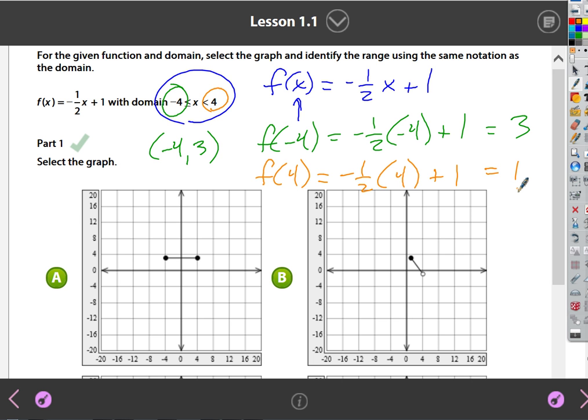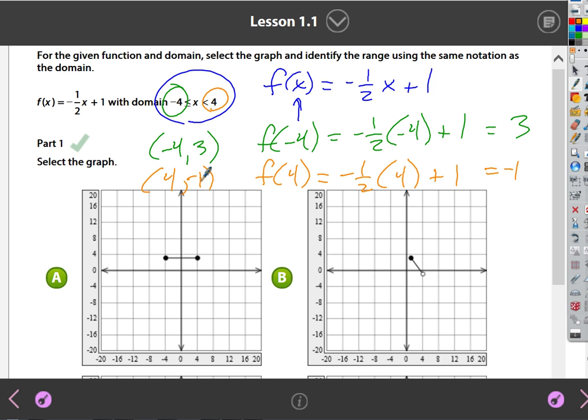So that's telling us that the other endpoint is at positive 4, -1. Oh, that's supposed to be negative, isn't it? Whoops, sorry. That should be -1. You can't have 4, it's not equal to 4. But that's the location of the open circle, right?